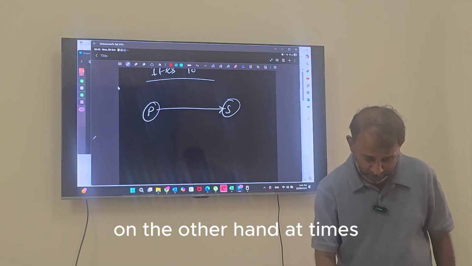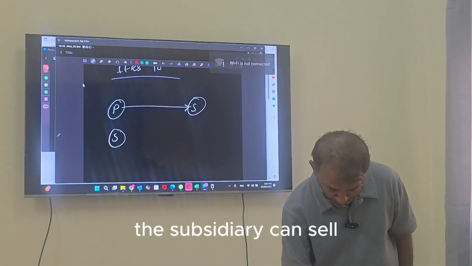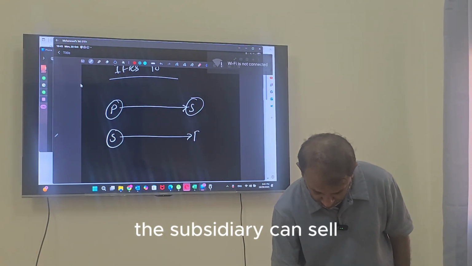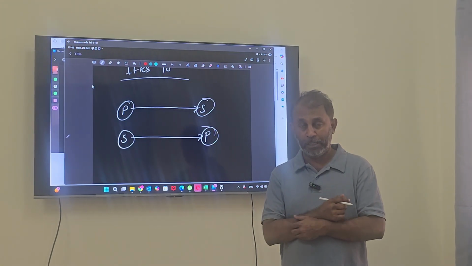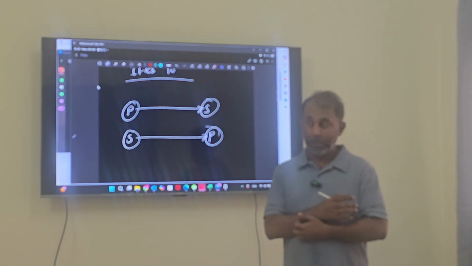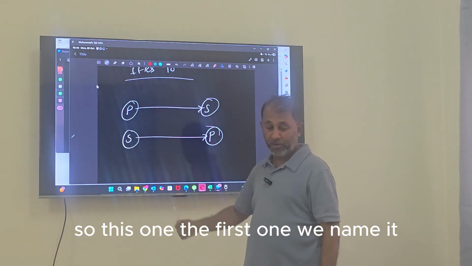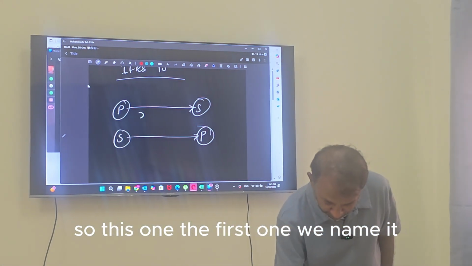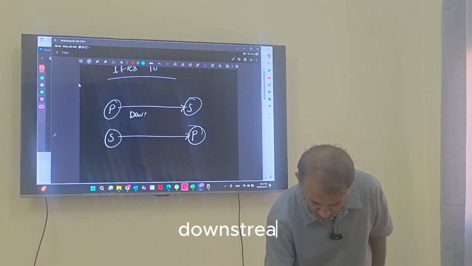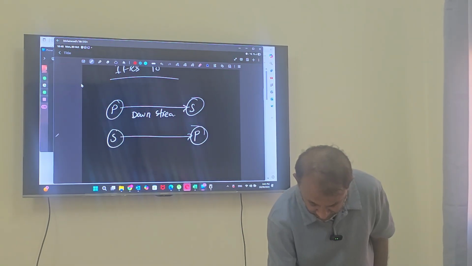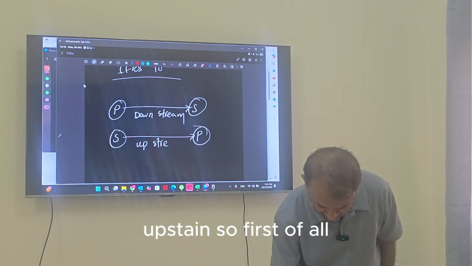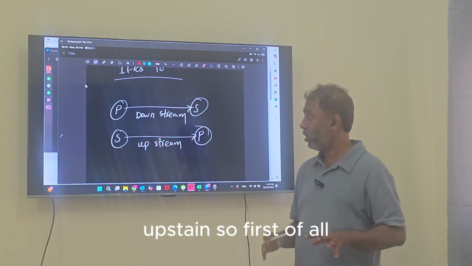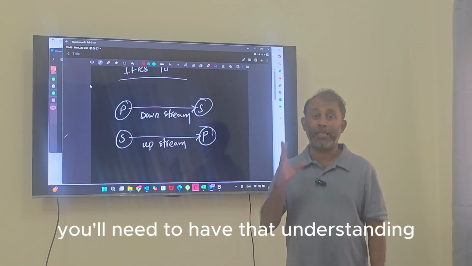On the other hand, at times the subsidiary can sell their goods and/or services to the parent company. That's the second possibility. The first one we name downstream. The second one we name upstream.